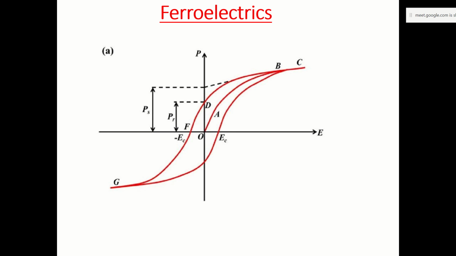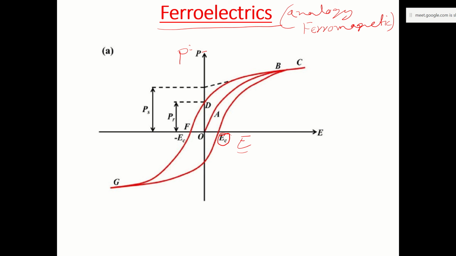So we also have ferroelectrics, which is analogous to ferromagnetism. Whatever you have understood about ferromagnetism, everything is the same, but the terms here are electric field E, and instead of magnetization we have P, polarization, and instead of magnetic field we have E. The rest of the behavior is the same.